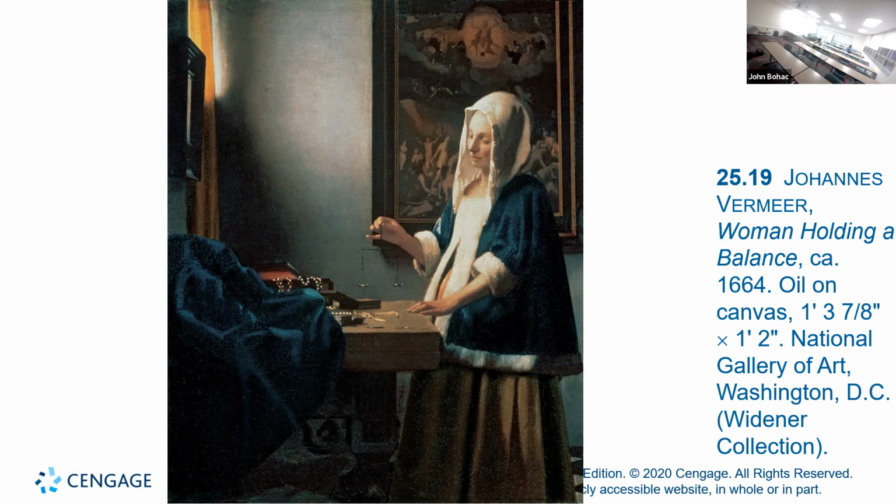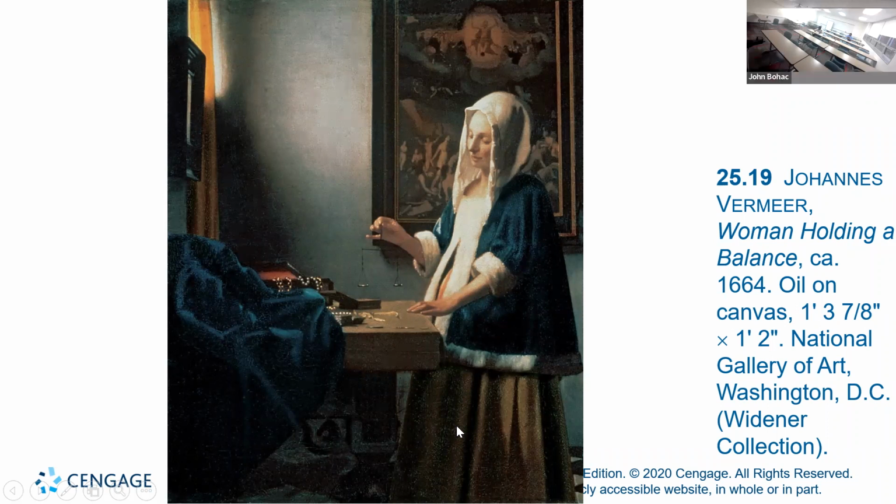Vermeer is extremely popular, probably right there with Rembrandt as a great 17th century painter. And what is so appealing about his work is that it is ordinary people, ordinary things. We're not looking at kings and queens and saints and generals and gods.